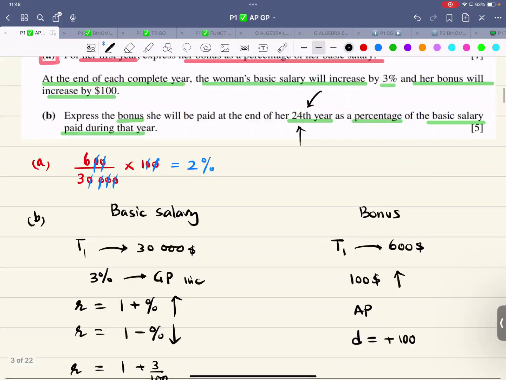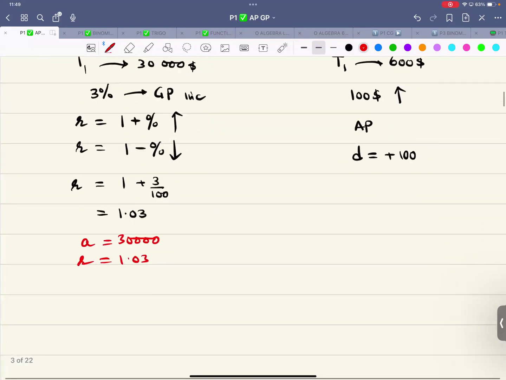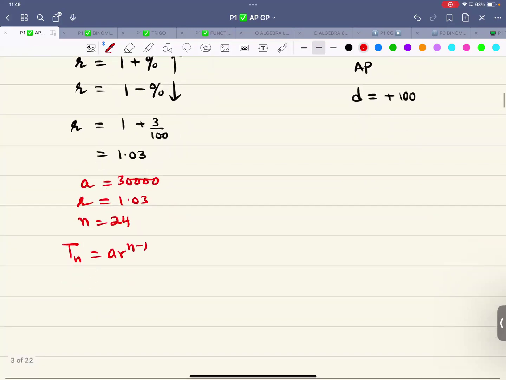So what do you think we have to calculate? We have to calculate the 24th term of the basic salary and the 24th term of the bonus. Over here, a is $30,000, common ratio is 1.03, n is 24. Tn is ar^(n-1), that is 30,000 into 1.03, n minus 1 is 24 minus 1.